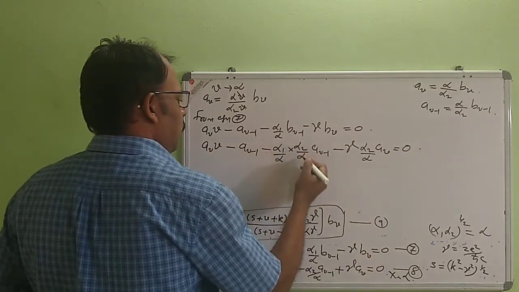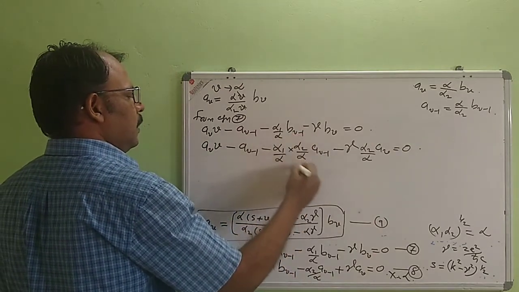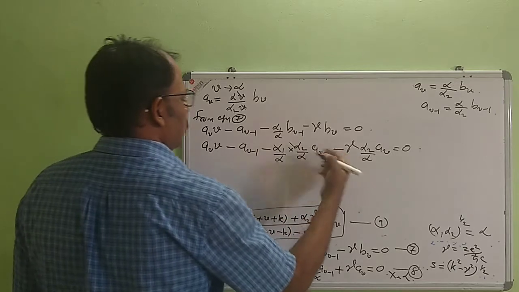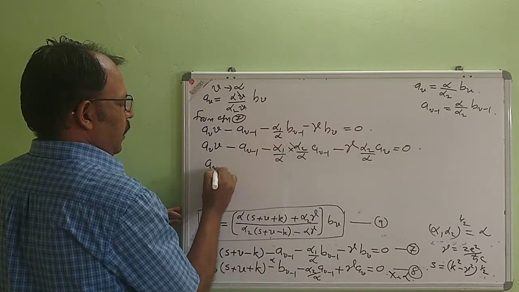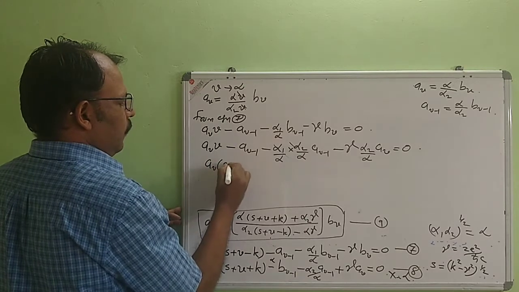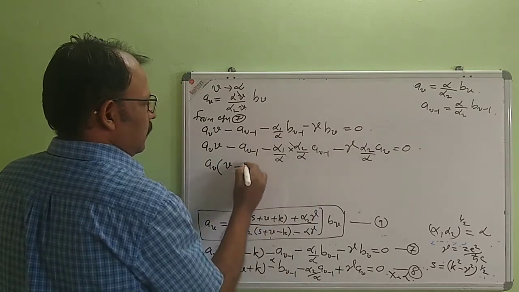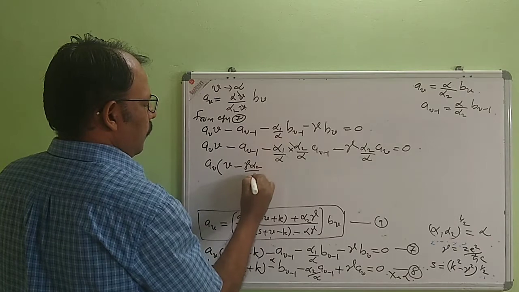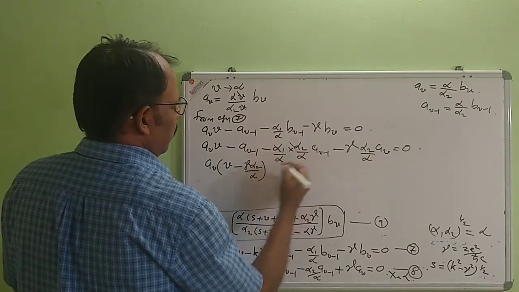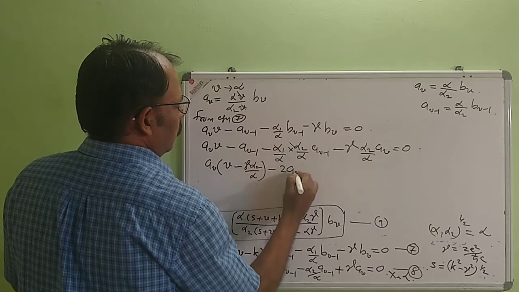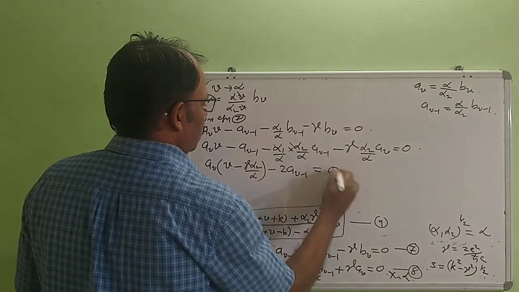This alpha 1 alpha 2 is alpha square, so alpha square by alpha square will be 1. So we will have AV into V minus gamma alpha 2 by alpha, now minus AV minus 1 minus AV minus 1, it will be minus 2 AV minus 1 is equal to 0.